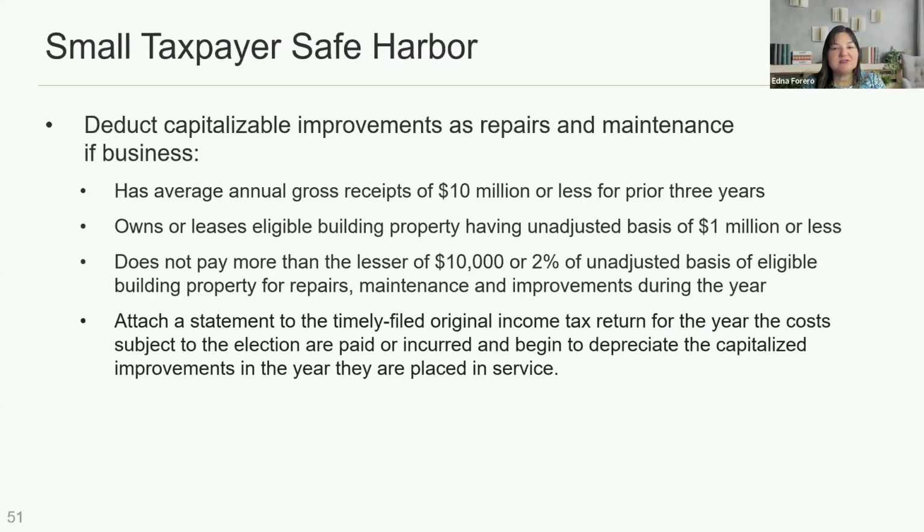So for small taxpayers with that safe harbor, we're going to deduct the capital improvements as repairs and maintenance if the business has an average annual gross receipt of 10 million or less for the prior 3 years, or they own or lease any eligible property that has an unadjusted basis of $1 million or less, and they don't pay for repairs or maintenance and improvements more than 10,000 or 2% of the unadjusted basis of the eligible business property.